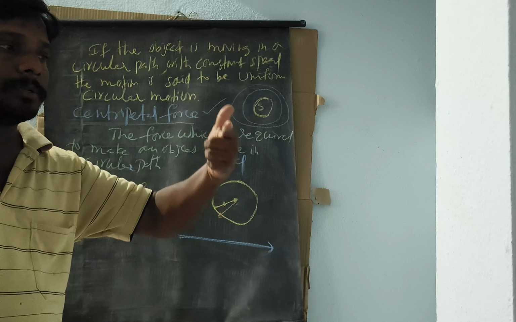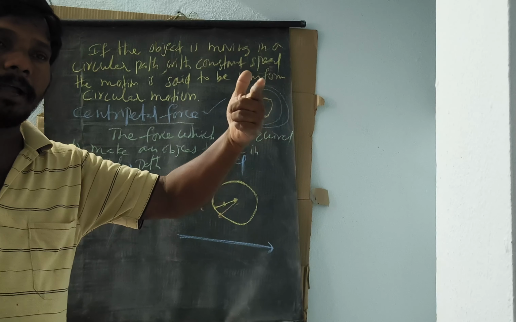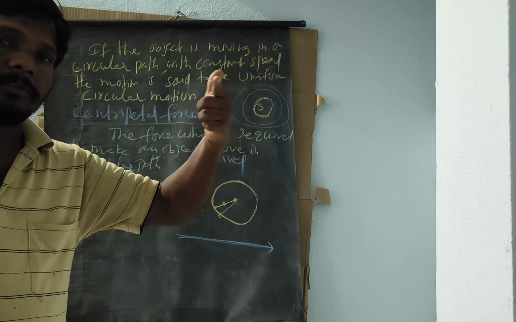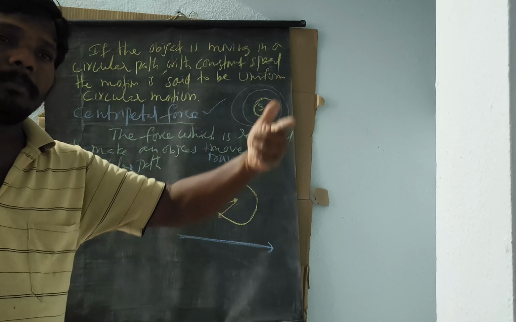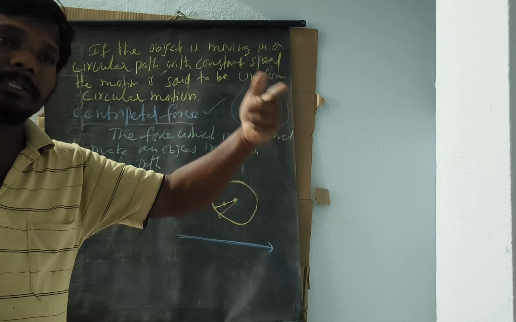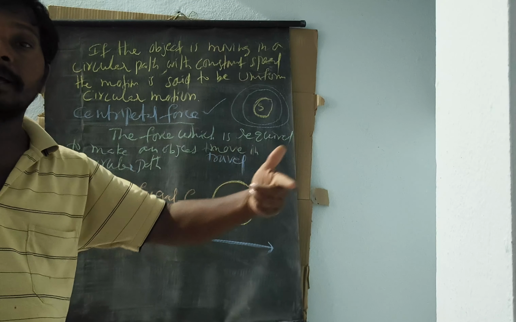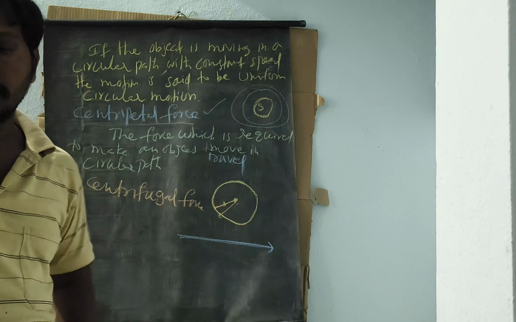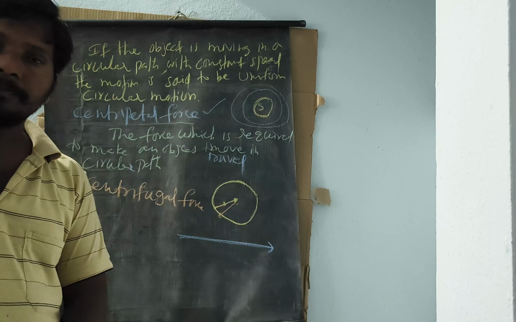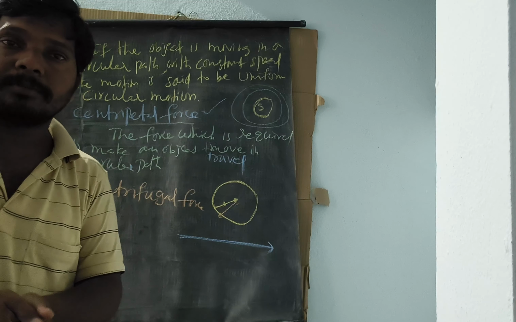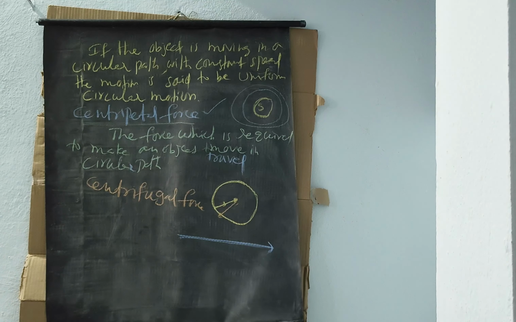The seconds hand is moving with the same speed at every time, the speed is constant, but at every point the direction changes. So it is also an example of uniform circular motion.